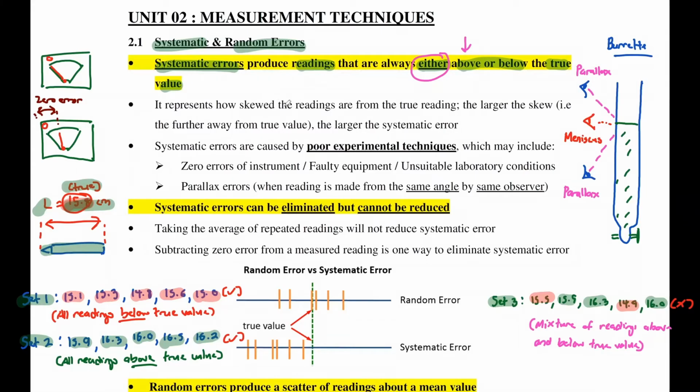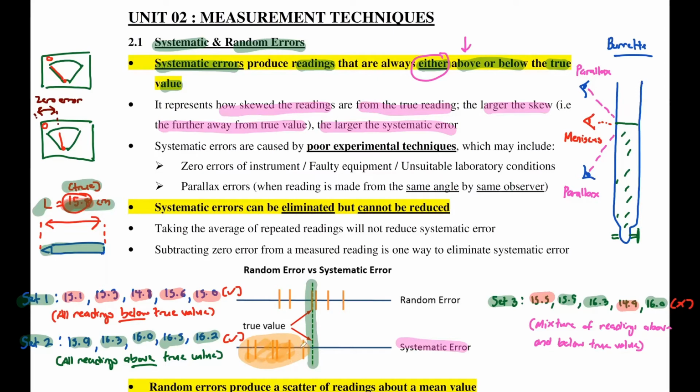Systematic error can also be thought of as a measure of how skewed the readings are from the true value. The larger the degree of skewing, or in other words, the further away the readings are from the true value, the larger the systematic error. If you consider the diagram below for systematic error, this dotted line here represents the true value, whereas this group of readings here represent the measurements that have been taken.